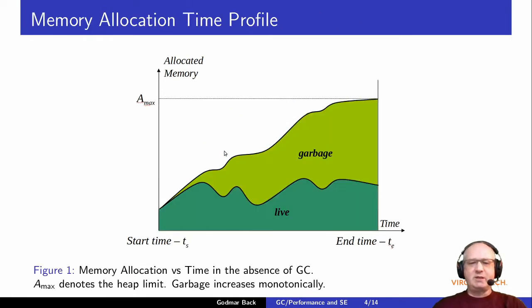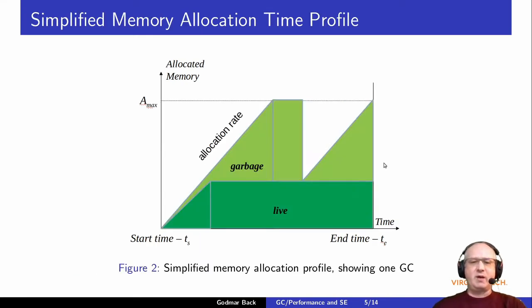What I showed on this slide here is the general case, right? Applications could really have any pattern in terms of how their live heap changes. It is very application specific. But very often a more simplified model is being used. In this model, we assume that the application allocates memory at a constant rate. Maybe that may change in different phases of the application, but at a given point in time, we say that it allocates at an allocation rate.